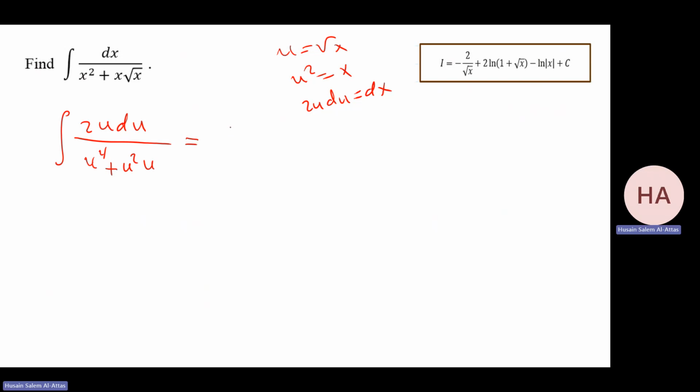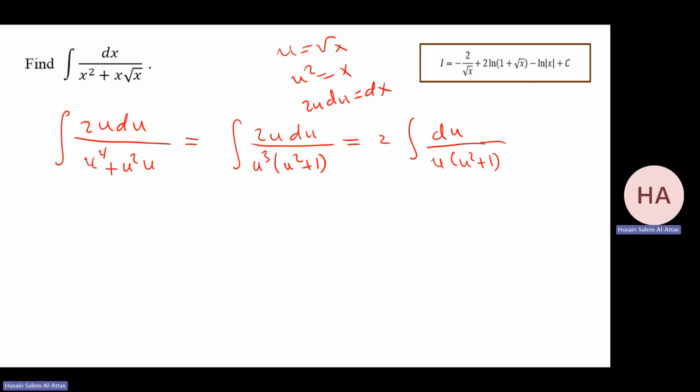That gives me what? 2u du. I can take u cubed common factor. I have u squared plus 1. That will make it 2 du over u times u squared plus 1.